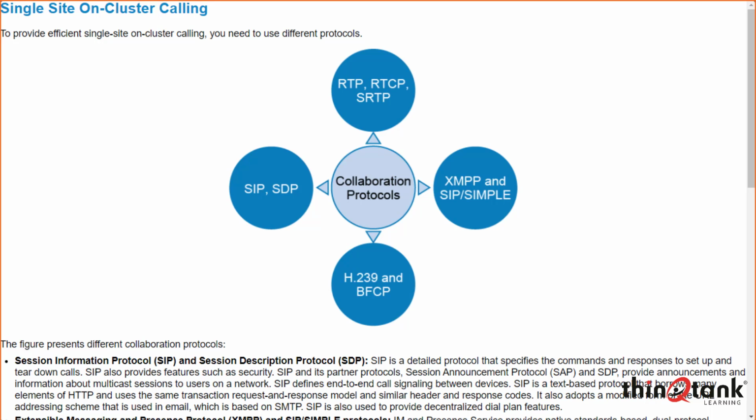And we can see that there are several different protocols that are involved in this communication process. We've got SIP and SDP. We've got XMPP and SIP and SIMPLE. And we've got RTP, RTCP, SRTP, as well as H.239 and binary floor control protocol.